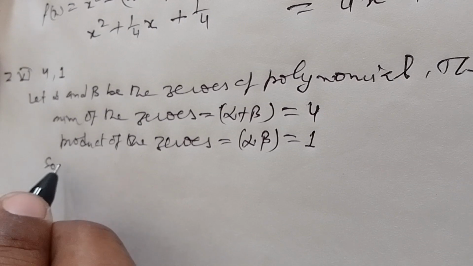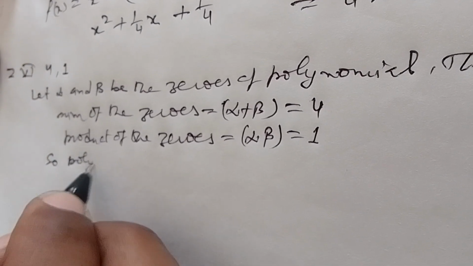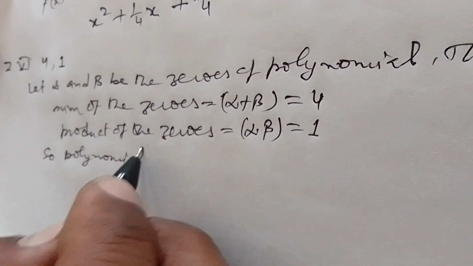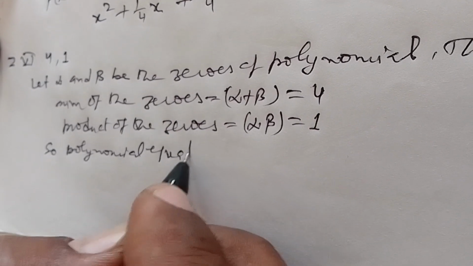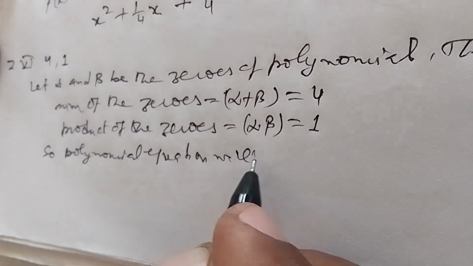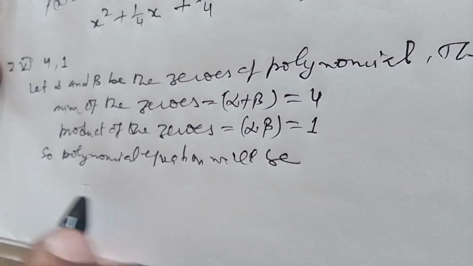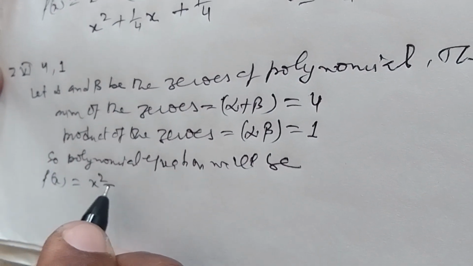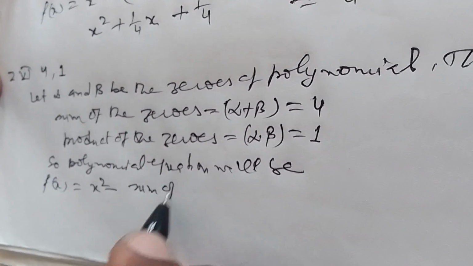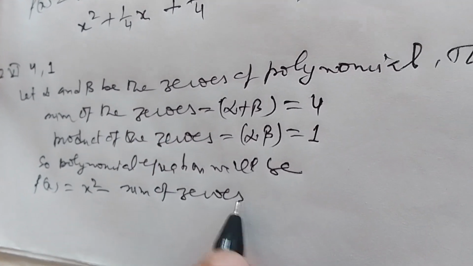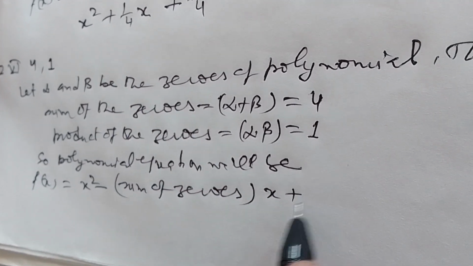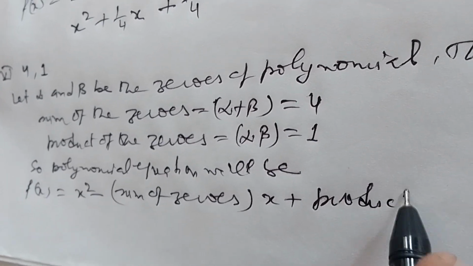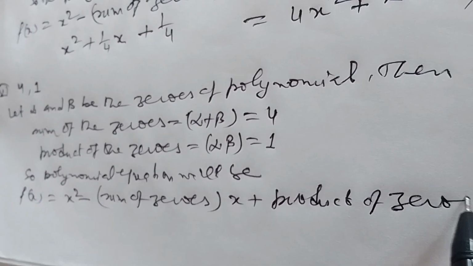So the polynomial equation will be function f(x) is equal to x square minus sum of zeros multiplied by x plus product of zeros.